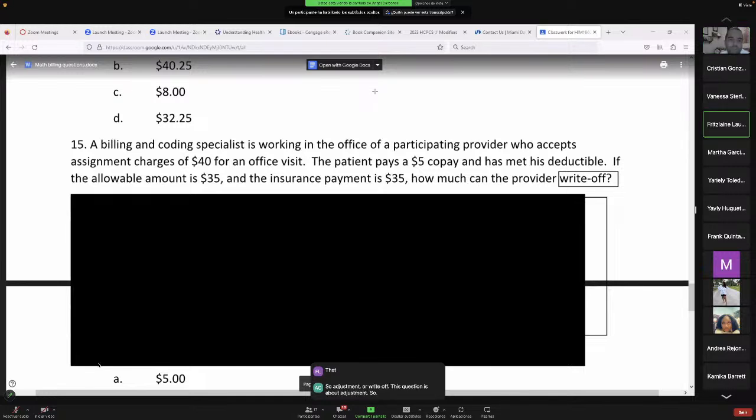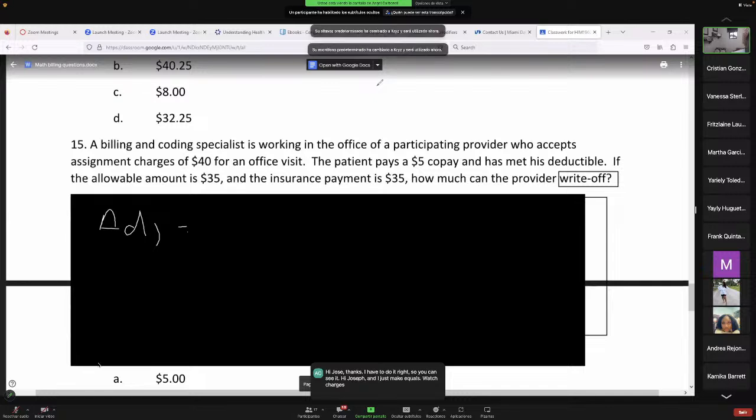So you are going to do what? You are going to do adjustment. I have to do it in white so you can see it. Adjustment. And adjustment equals what? Charge.